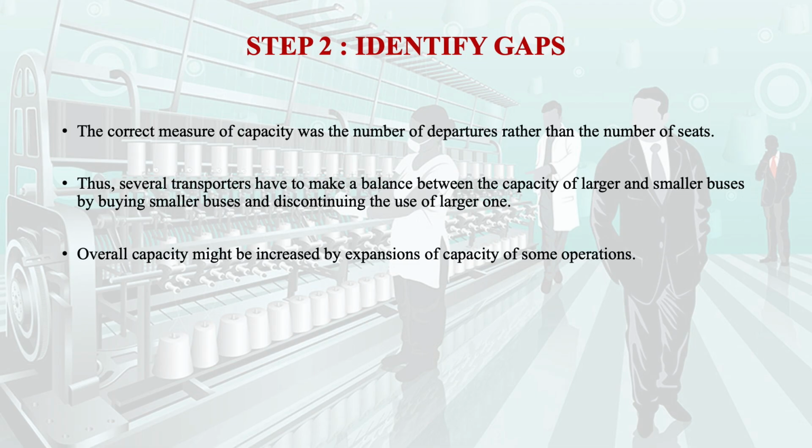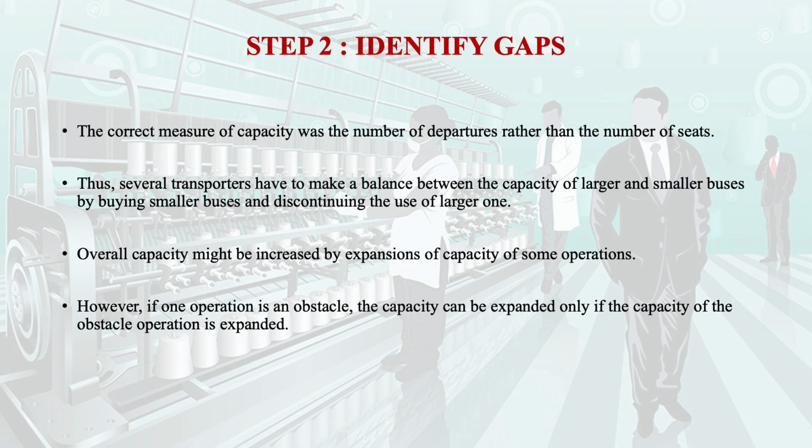Overall capacity might be increased by the expansion of capacity of some operations. However, if one operation is an obstacle, the capacity can be expanded only if the capacity of the obstacle operation is expanded.